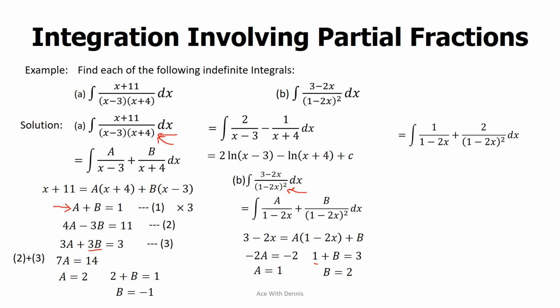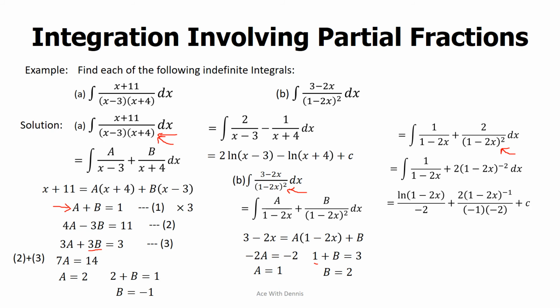Therefore, we can rewrite the integration, which becomes integration of 1 over (1 minus 2x) plus 2 over (1 minus 2x) squared dx. Alright, so we can put this fraction into indices form before we integrate, which gives us integration of 1 over (1 minus 2x) plus 2 times (1 minus 2x) to the power of negative 2 dx.